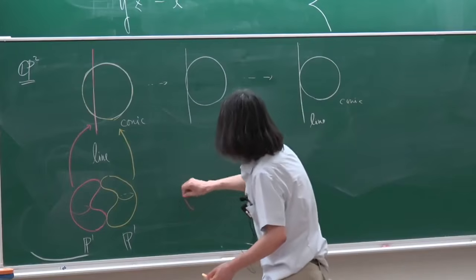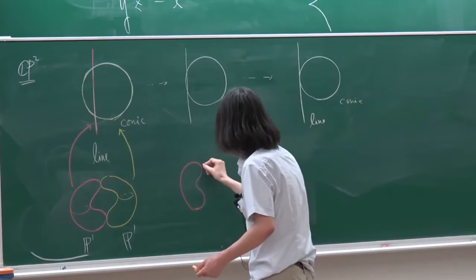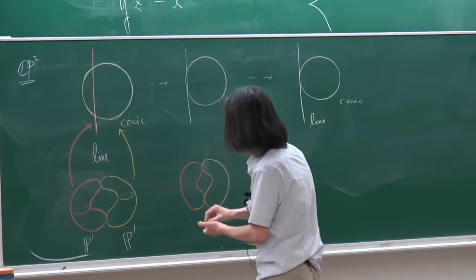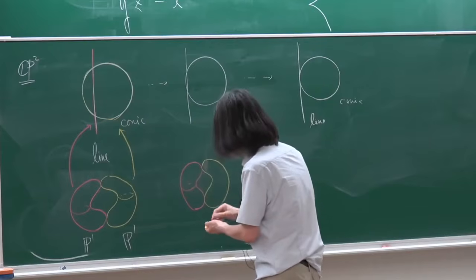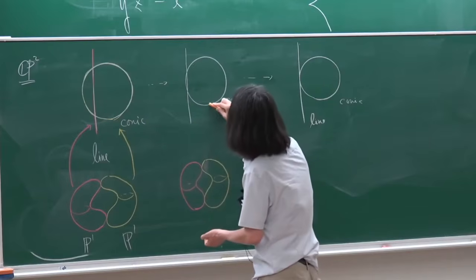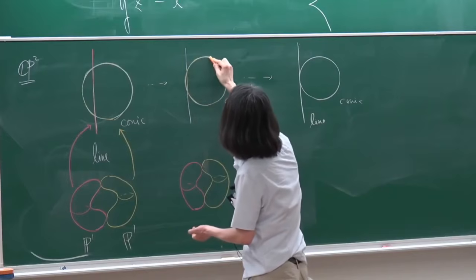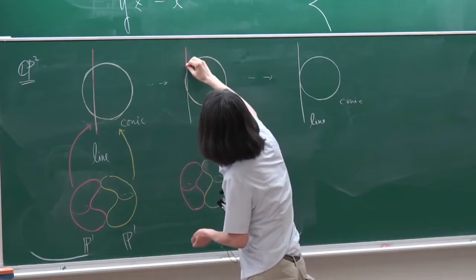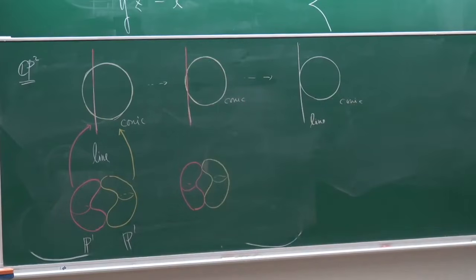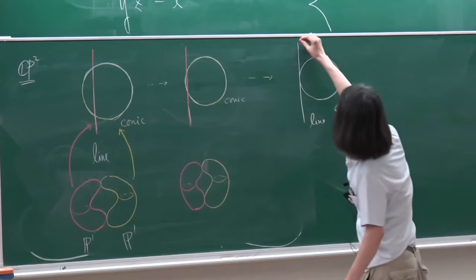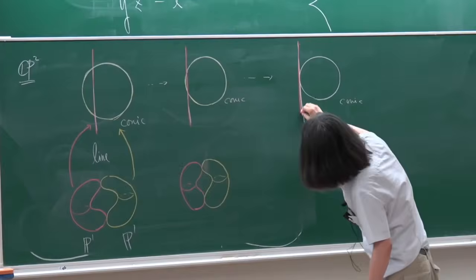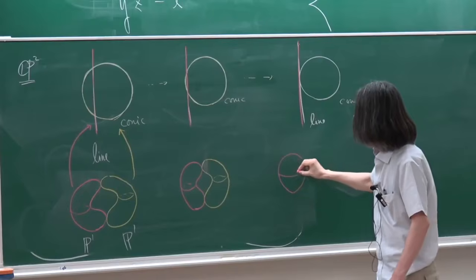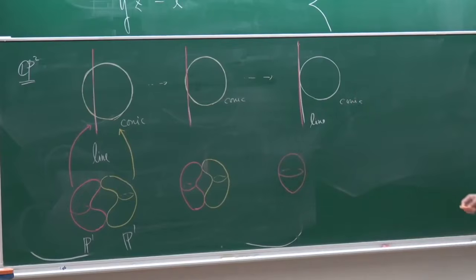And here we can also have the same thing. And in the end, I have a line here, so I have something like this, and then I have a conic here.